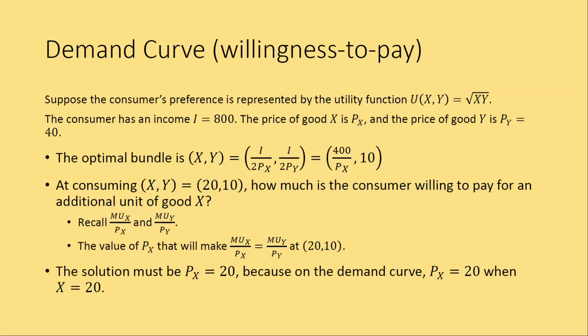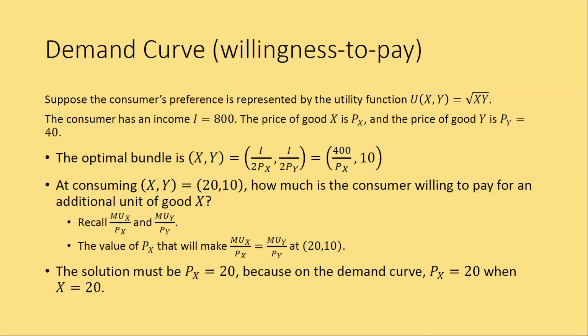Otherwise, she can increase the consumption of the good. So if MUX divided by PX is higher than MUY divided by PY, she can increase her consumption of good X and decrease her consumption of good Y slightly, only slightly.